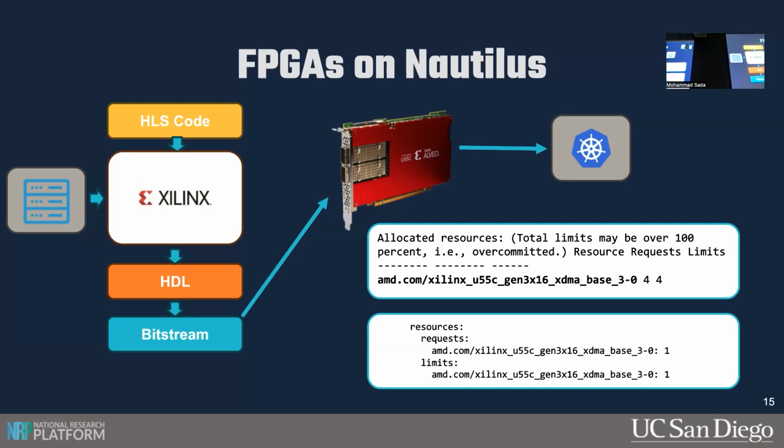A line as simple as this can attach the FPGA and have it show up in your Kubernetes pod. And then you can start working on the FPGA. And when you request it, it's solely for you. So it's not shared with other users. You're provisioning the entire FPGA.